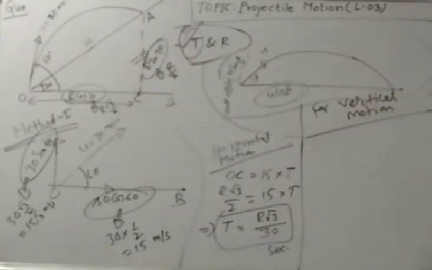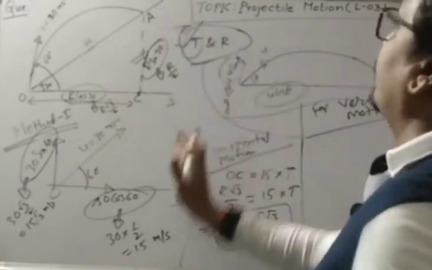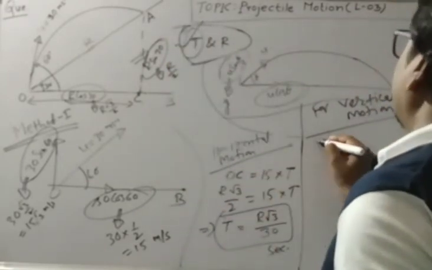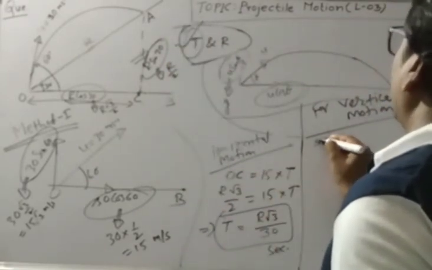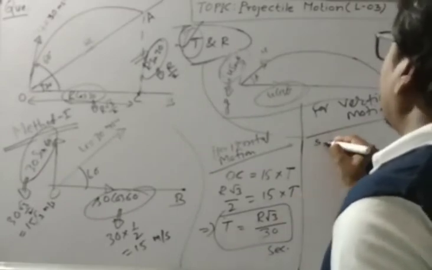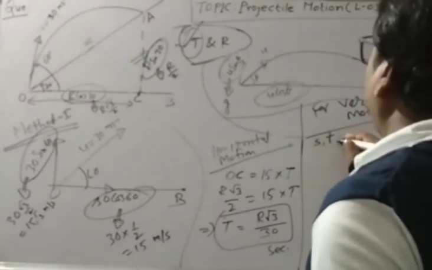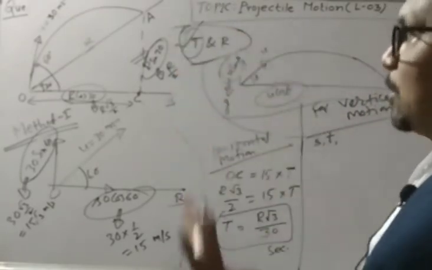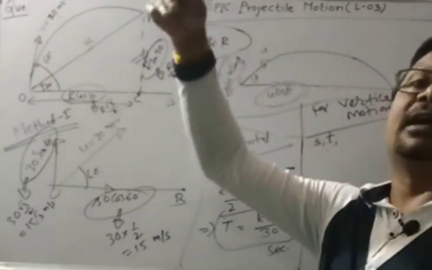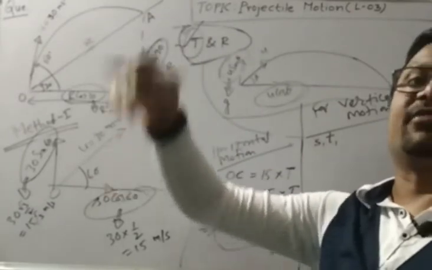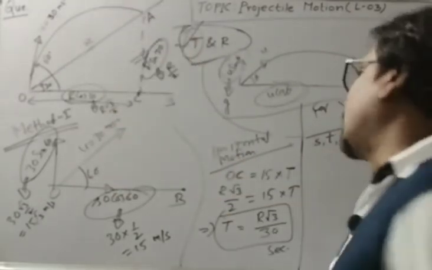So in the vertical direction, the net distance or displacement S is known to you. You know the time also, time is T, and while moving up, acceleration due to gravity is acting vertically downward, that is equal to g.